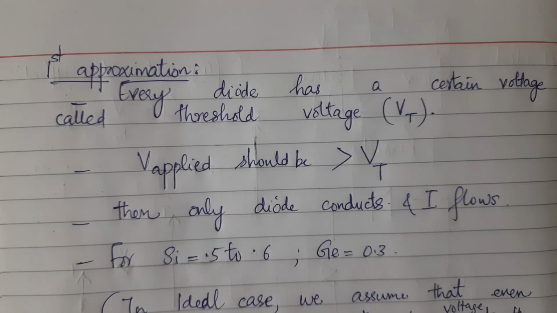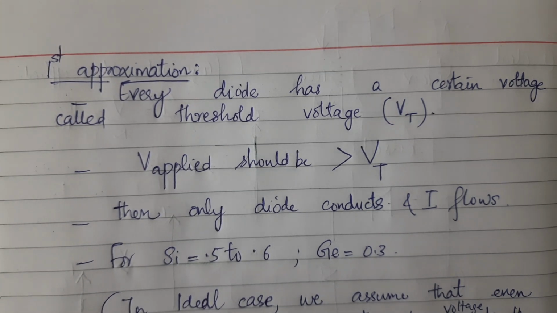Now we will do the first approximation. We should know that every diode has a certain threshold voltage. So in the first approximation, we take into account the concept called threshold voltage. In the ideal case, we assume that even for a very small voltage, whether it is 1 or 0.1 or 0.01 or 0.00001, the current is flowing.